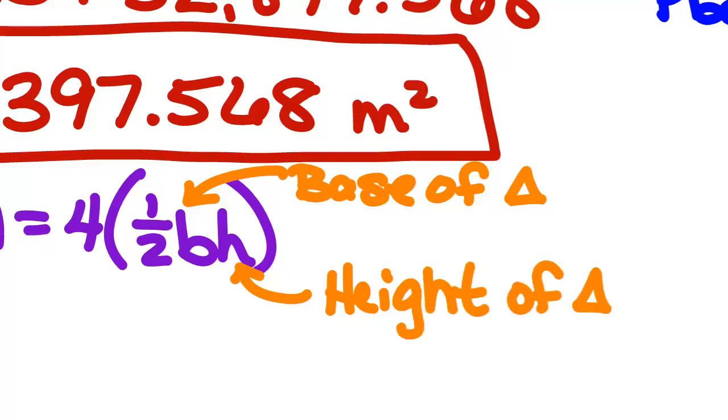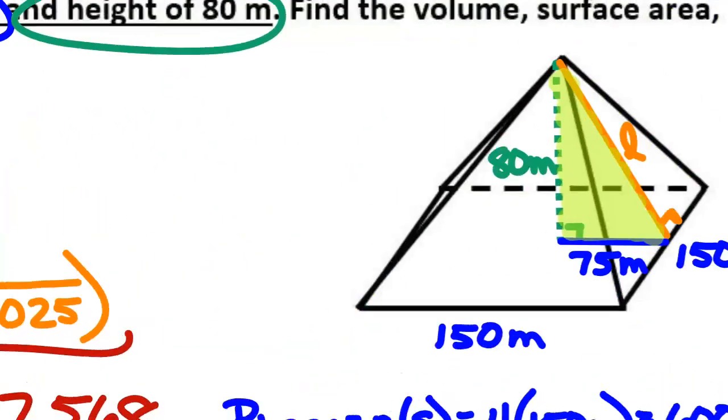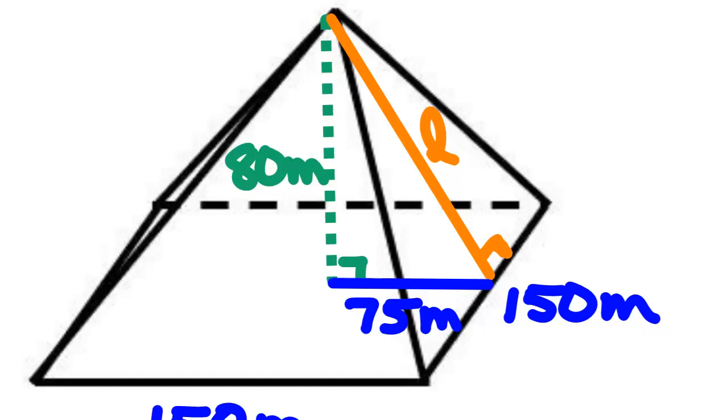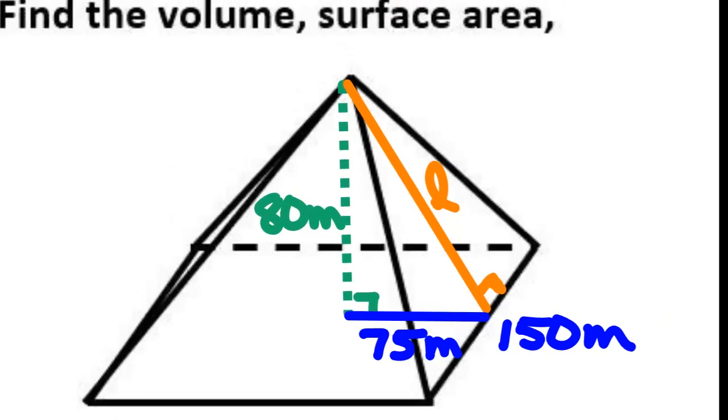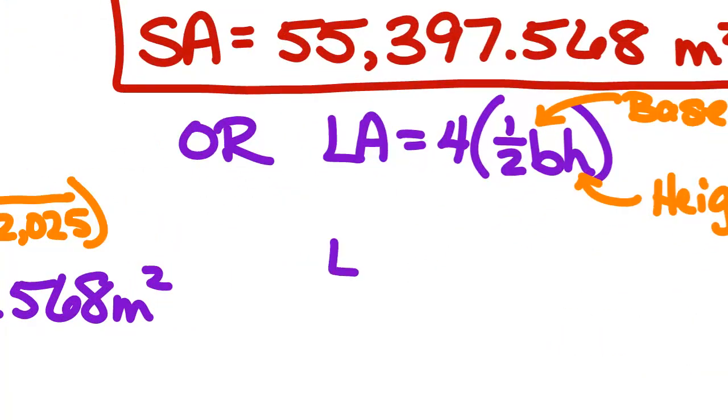Why don't you erase my highlighting in here, and I want to highlight the face of this triangle. So just looking at this one triangular face here. What would the base of this triangular face be? 150.